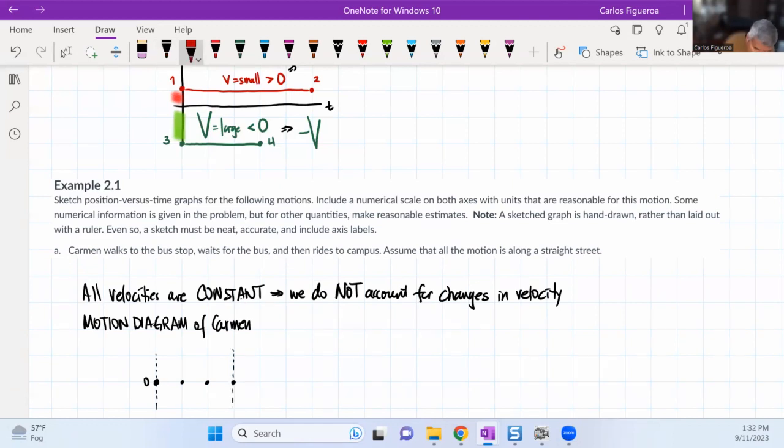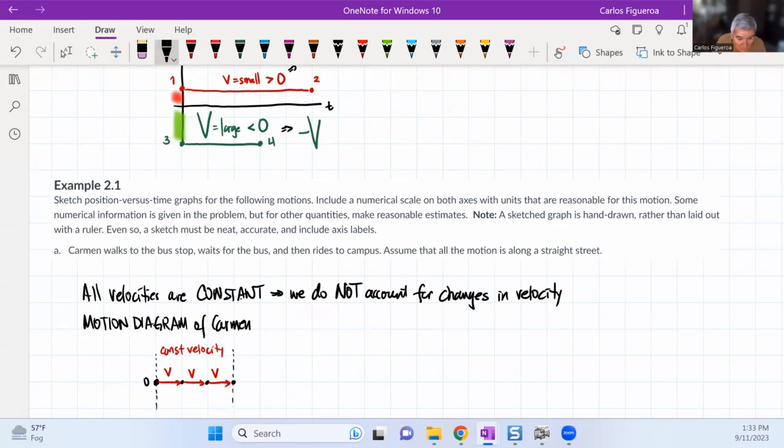But look what happens here. So she's moving from here to here, here to here, here to here. And then what she's going to do here is that she's going to stop instantly, right? So this point right here, we can see here that this velocity is this big, and we're moving at constant velocity in this interval here, right? This is constant velocity right here.